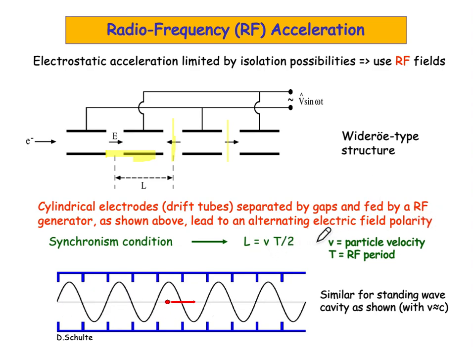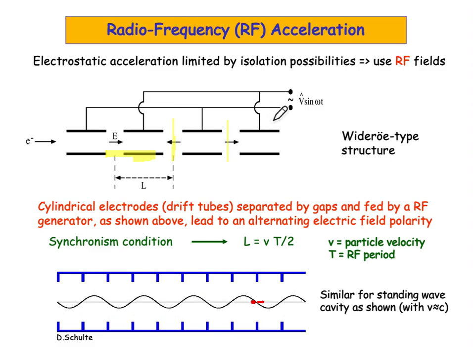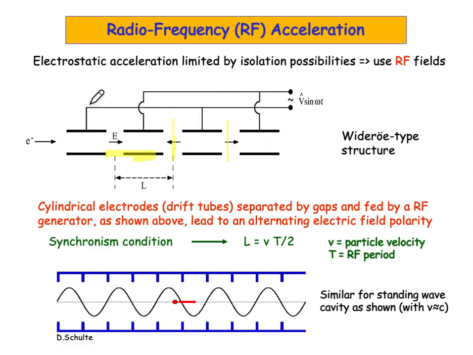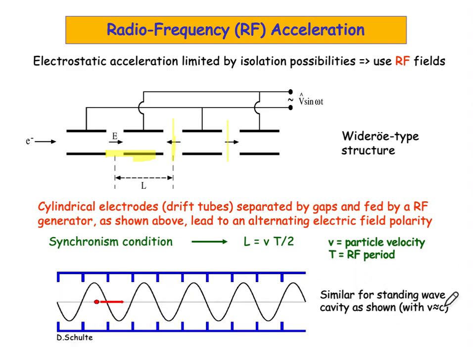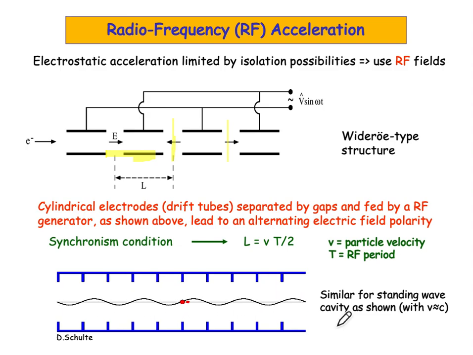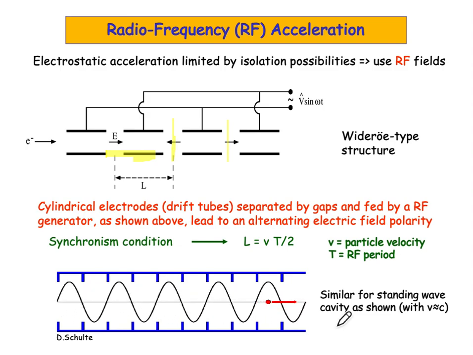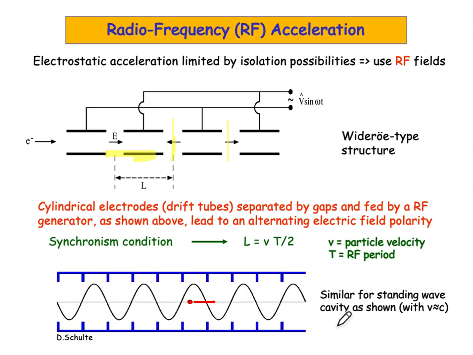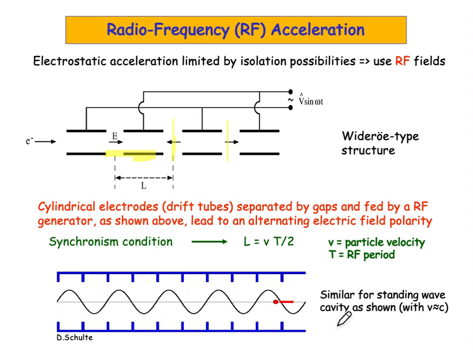This leads to alternating electric polarity. So this is positive, here it is negative, and this is positive and negative, like that. When the wave is passing through this, the electron gets acceleration. Then we can go into details of these linear accelerators utilizing this radio frequency acceleration principle.